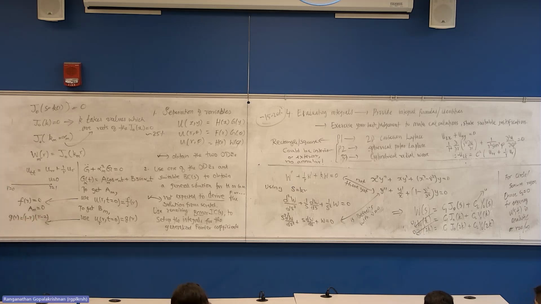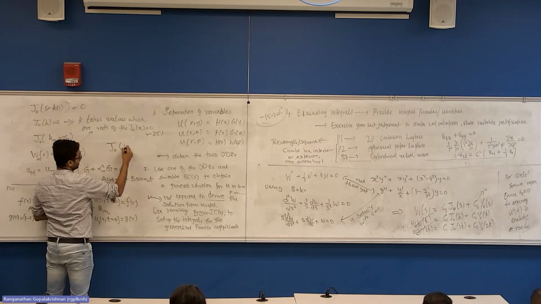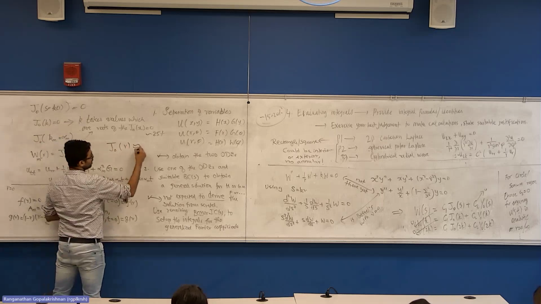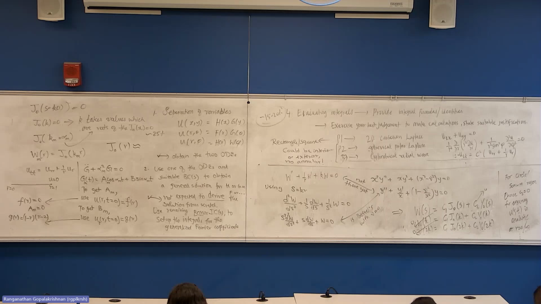So you'll have to do some integration, which unfortunately will also involve Bessel functions, for which I'll provide an identity so that you could simplify it. Or I might say, if you have J naught of r, I'll give you a polynomial approximation for J naught so that the integration will be simpler.